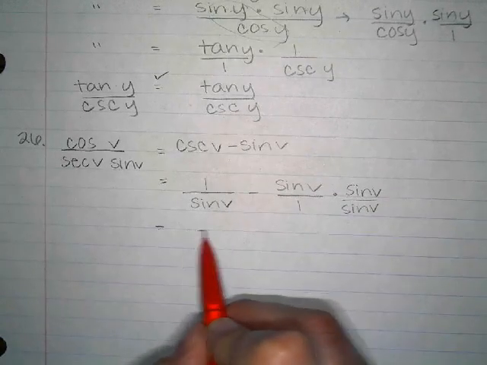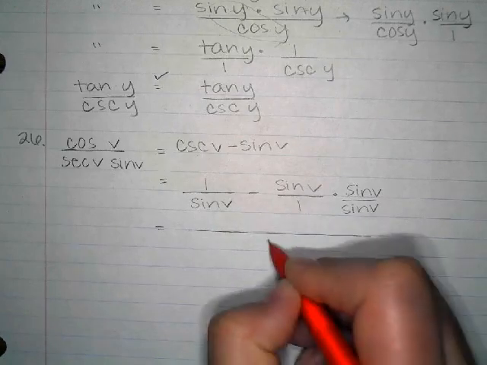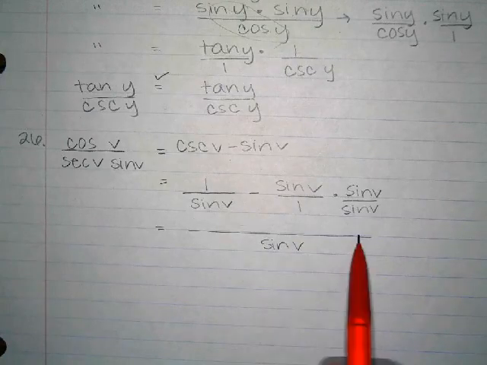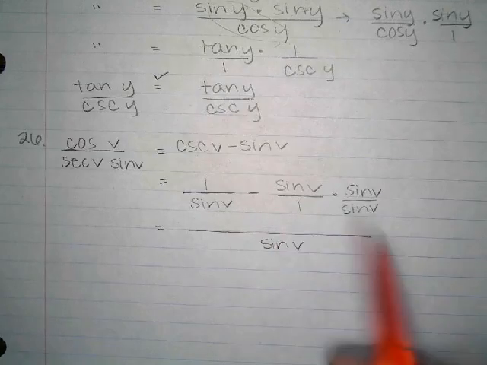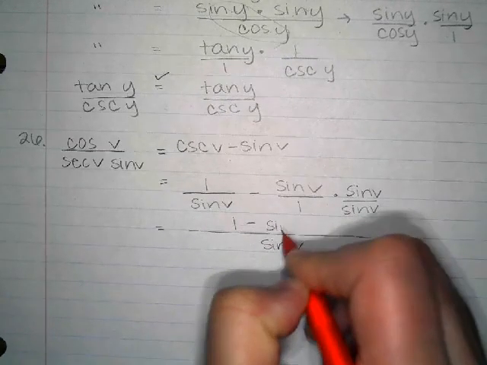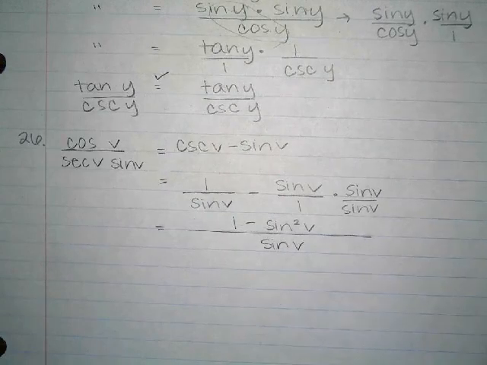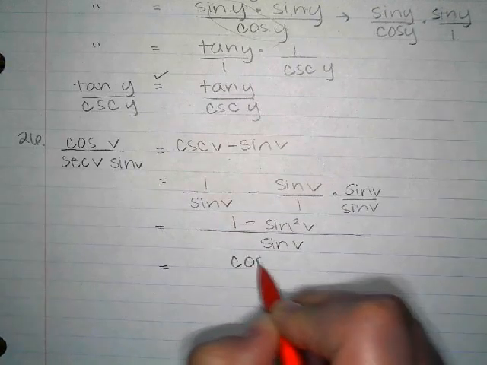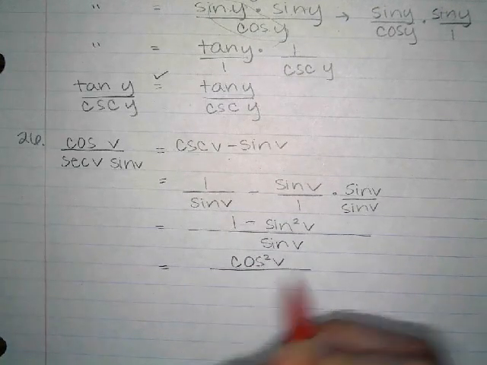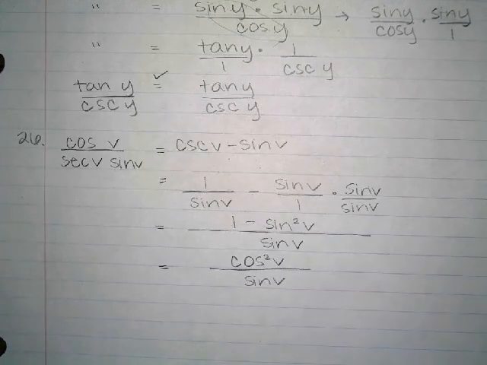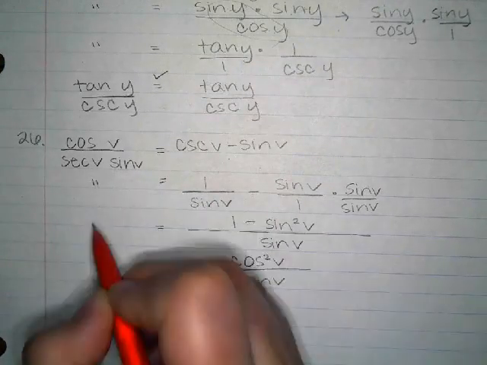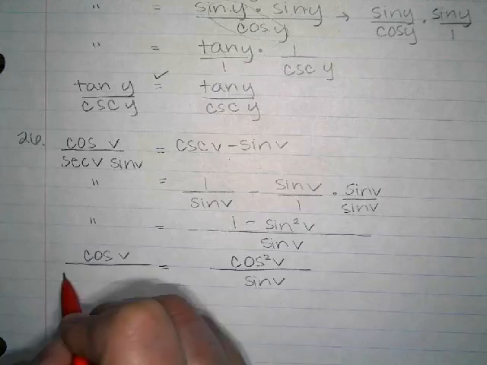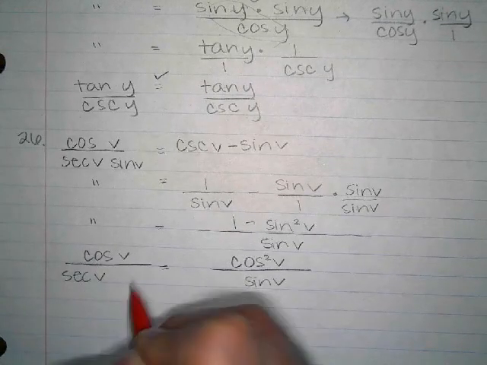I'm going to go ahead and shortcut this a little bit. So my common denominator is sine. So what do I have on top? 1 minus sine squared. Okay, 1 minus sine squared is cos squared. Okay, and our goal is cos on top, secant on bottom, sine on bottom.